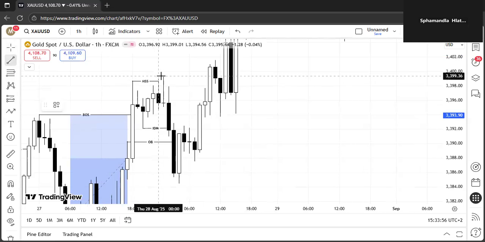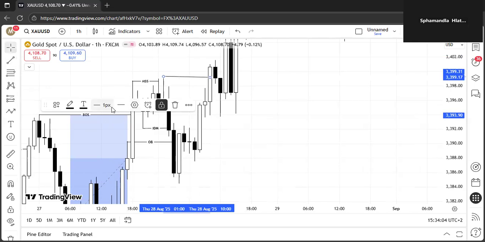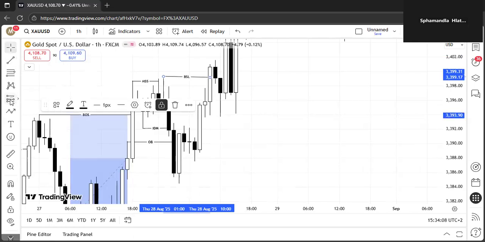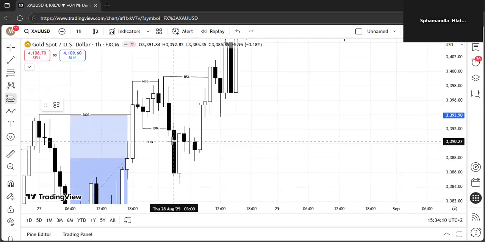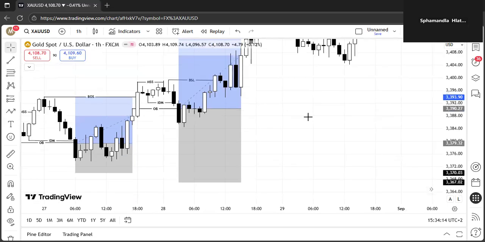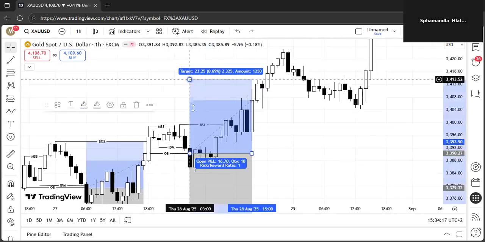It's like a 1:1 type trade. And then this will be our TP normally. Let's make it our buy side. And then do reach your TP.